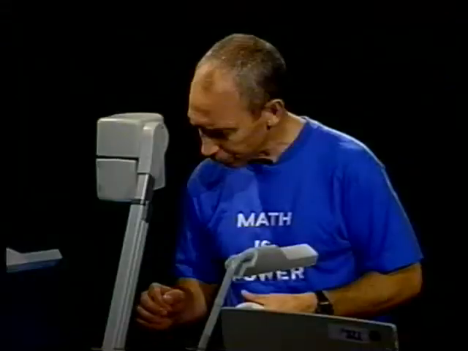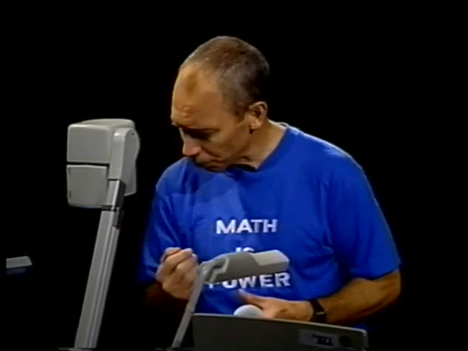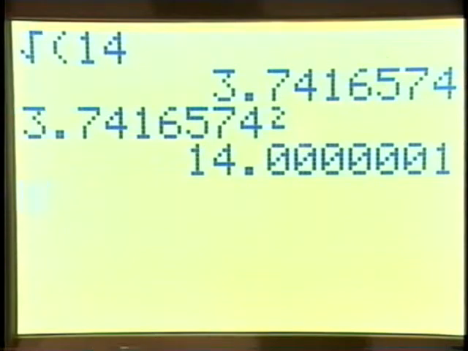These numbers, these non-exact square roots, we have a fancy name for them. Since the decimal goes on, for instance, this one, 3.7416574, actually it goes on forever with no pattern. 12865812905 with no pattern.